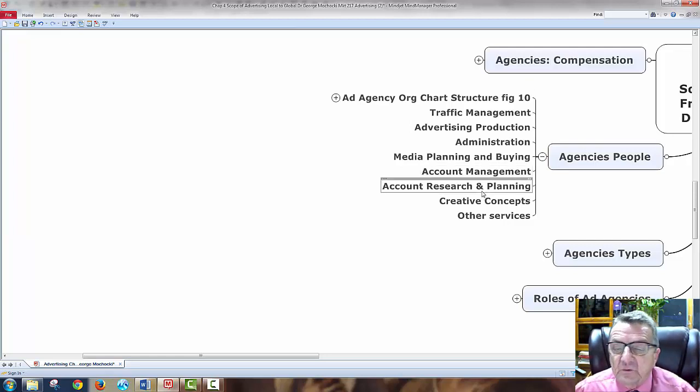Account research and planning: you have to understand your customer base. If I'm selling business to business, B2B, I'll utilize that terminology, but it means the same thing. For me to come into a small business as an advertising rep, I'm going to say, hey, I'm going to sell this ad. I work for Motorola, I work for ComEd, whatever.